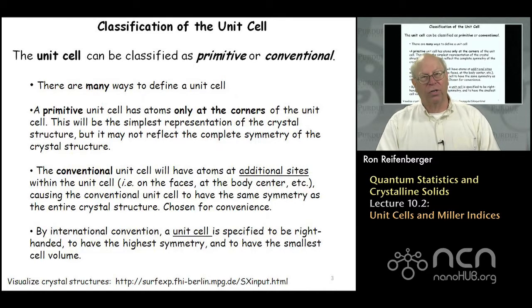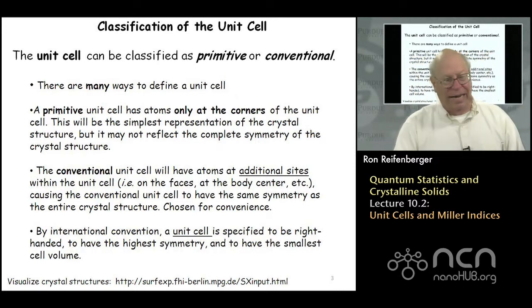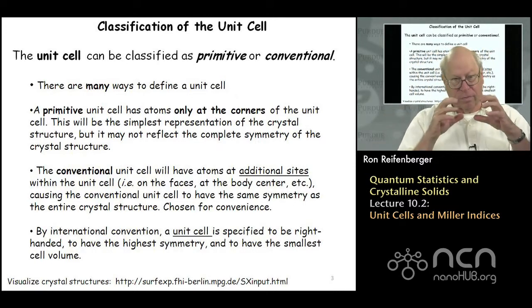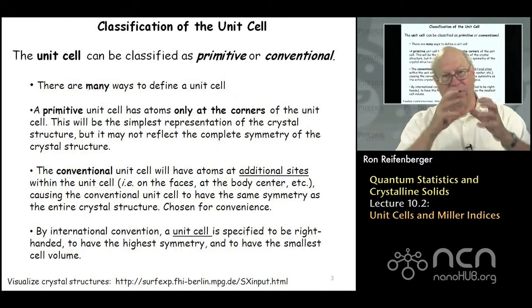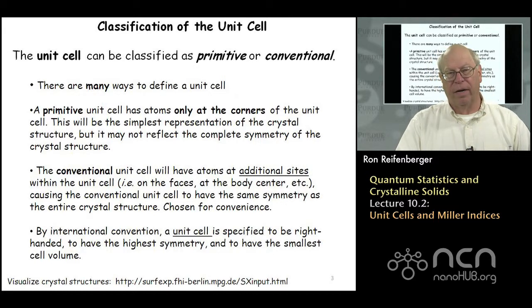The conventional unit cell is more a definition of convenience. There are different sites within the unit cell where atoms can be positioned, and these additional sites tend to give rise to a more intuitive representation of the unit cell.